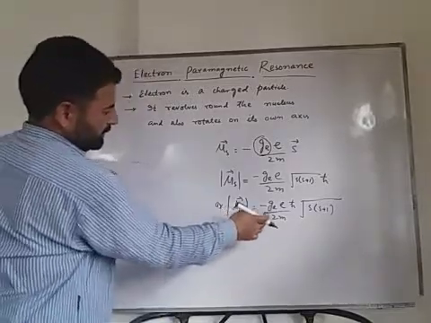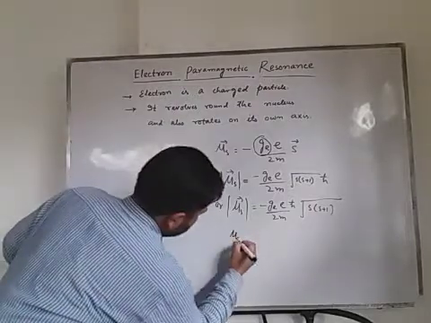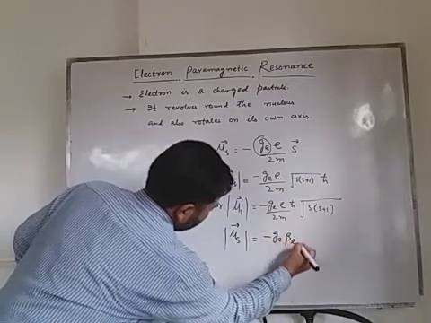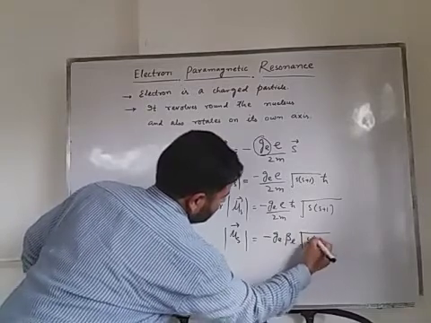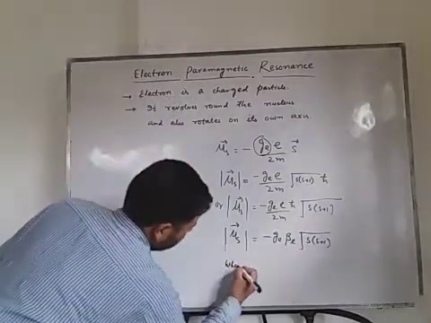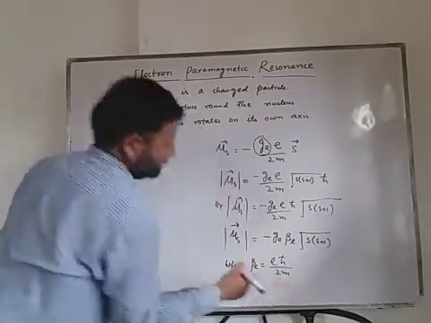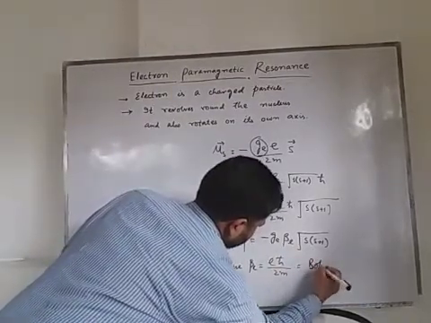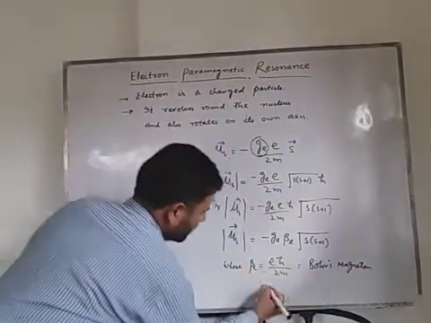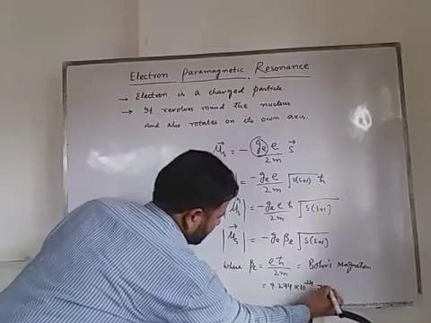So this equation can also be written as mu s is equal to minus ge beta e under root of s into s plus 1, where beta e is equal to e h cross by 2m, and this is equal to Bohr magneton, and its value is equal to 9.274 into 10 raised to power minus 24 joule per Tesla.